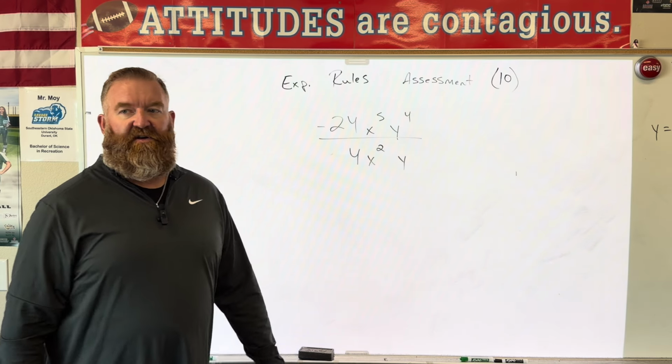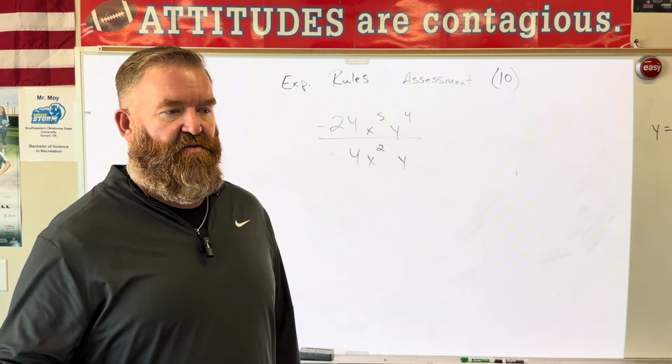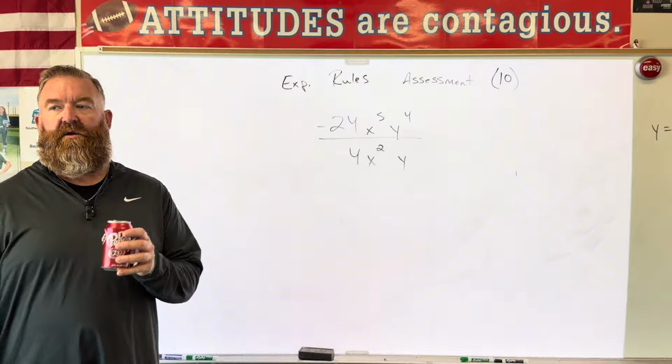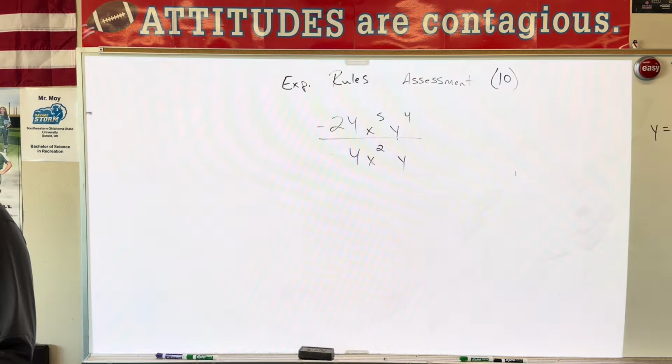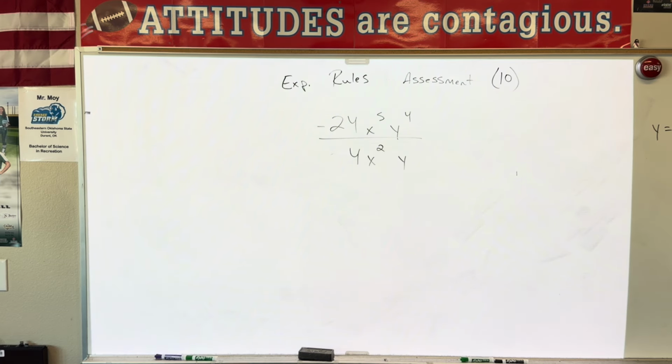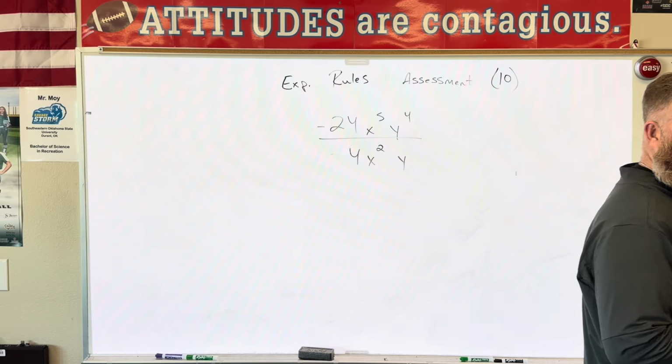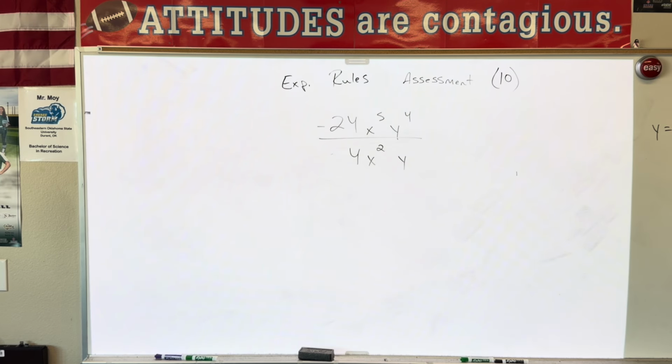Go. Let's see if we can solve that one. I'm not going to pause the video. I'm going to let you work on this. Last one. Let's see if we can do it. What do you do with exponents when you have division? Subtract them. By the way, these aren't exponents. What's negative 24 divided by 4? That's going to be your number on the front. You have a calculator right in front of you. Don't be scared to use it.